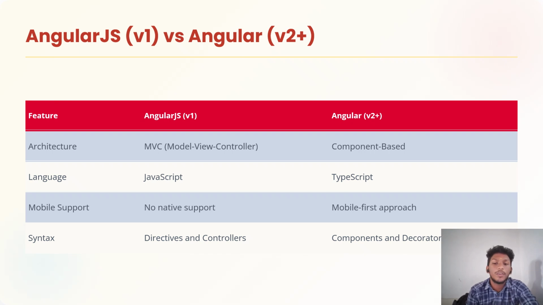Mobile support: no native support for AngularJS v1, while Angular v2 plus takes a mobile first approach. Syntax: directives and controllers are the syntax of AngularJS v1, while components and directives are used in v2 plus. These are the major differences between AngularJS v1 and AngularJS v2 plus.